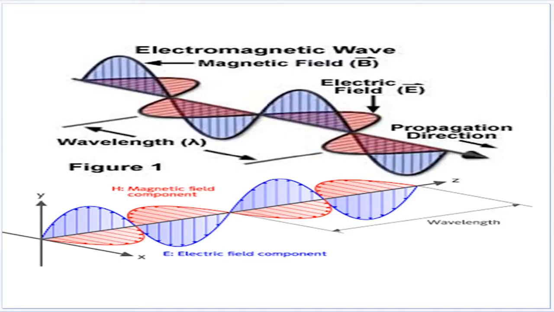So I have put here a diagrammatic view of how an electromagnetic wave propagates through space. You can see here there are two components. One is this component and another is this component. Now both these components are traveling with a mutually perpendicular direction. One component has the magnetic field.